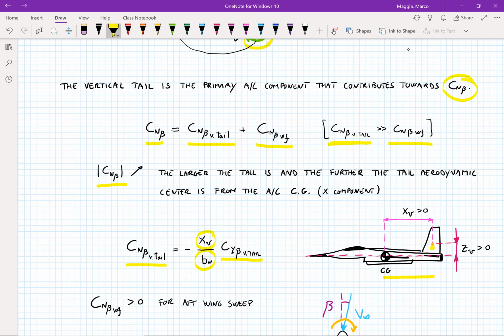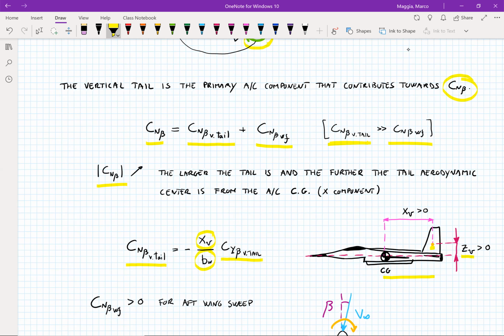So for the rolling moment we saw last time, the reference length to calculate the moment was zv. And in this case, since we're referring to the yawing moment, we need the x direction, so xv.